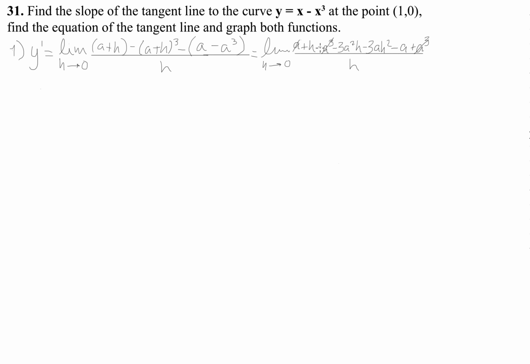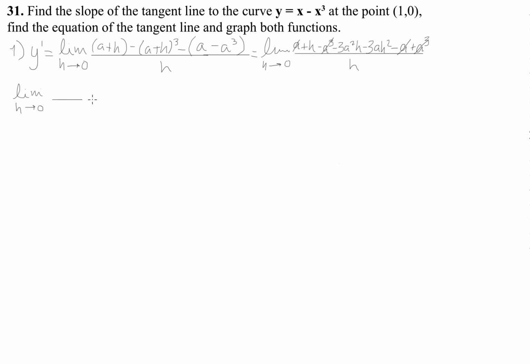We also cancel this a and negative a. And we have to check that the terms that are left, they have at least one h that we can factor out.